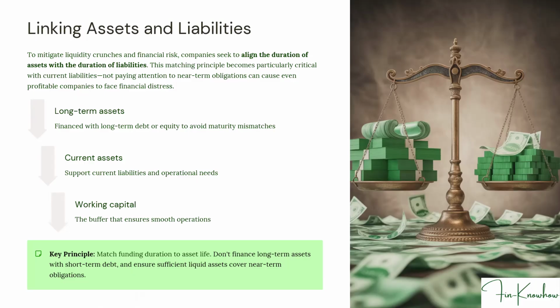Now, the reality though is that while companies may aspire to that, real world circumstances sometimes may not always allow it. So, for instance, the company at a given point in time may not have sufficient current assets to cover its liabilities, or the long-term assets may be temporarily financed with short-term financing till, let's say, there is a financing round that's happening a month from now, but the assets are needed today.